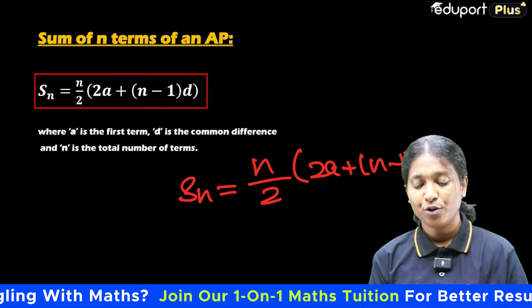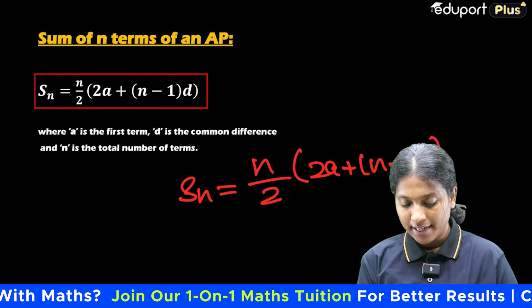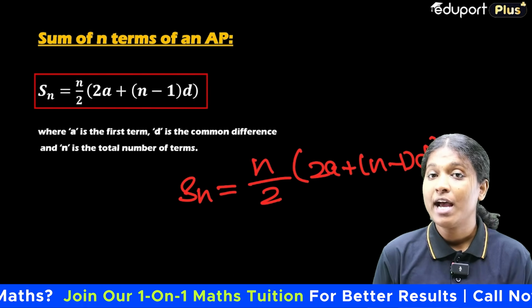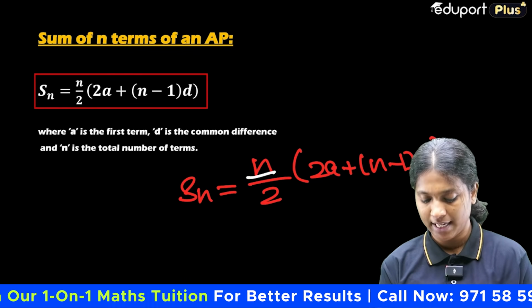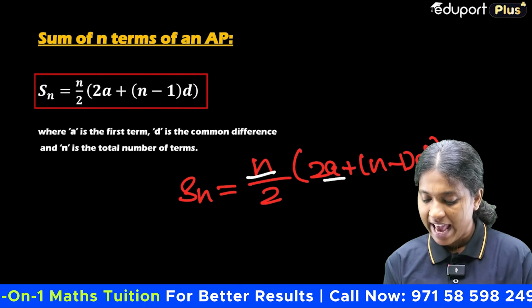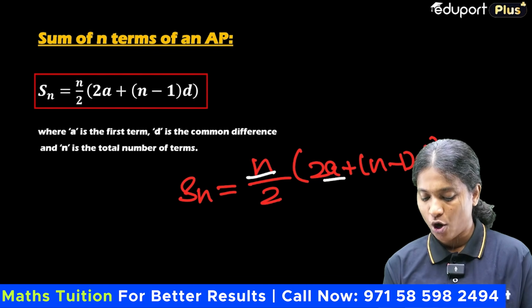This is the formula to find the sum of n terms, where n is the number of terms, a is the first term and d is the common difference.